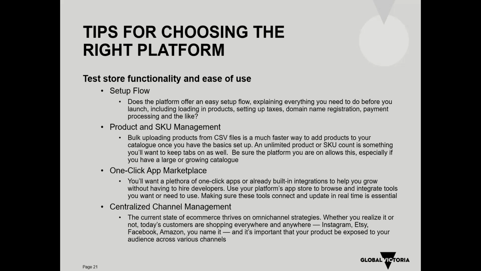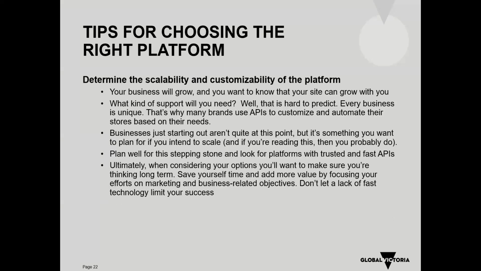They're shopping everywhere all the time and very often simultaneously. So your store and your products need to be exposed to audiences over all sorts of channels. And that means you need to be able to centralize that channel management.